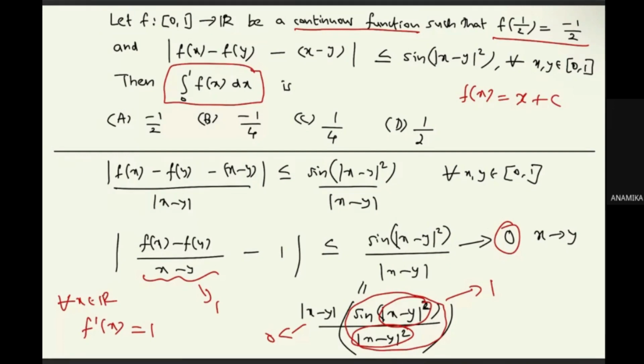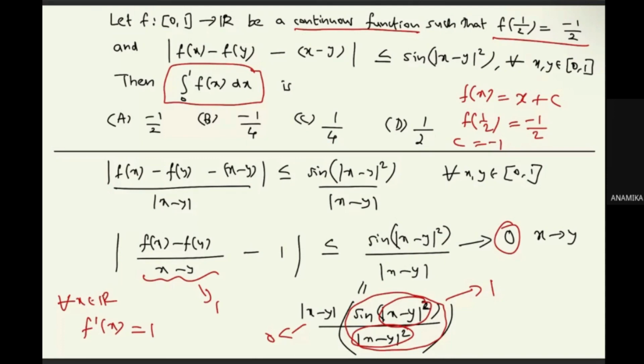Now, can you find this c from the information given? Yes, sir. Given that f of 1 by 2 is equal to minus 1 by 2. When you put that in the equation, you will see that c is minus 1. That you can check.